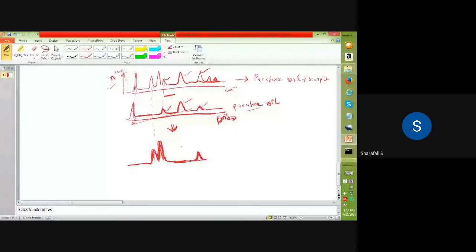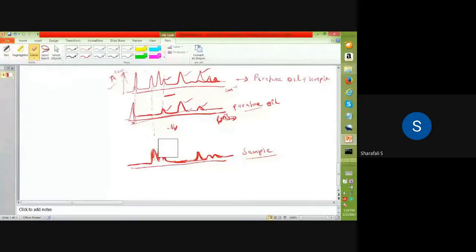And then we have the other spectra also, which is coming from the sample. Okay, so almost our spectra will look like this after subtracting the spectra of paraffin oil. So this is the sample spectra corresponding to that sample. This also can be done by using the computer system.